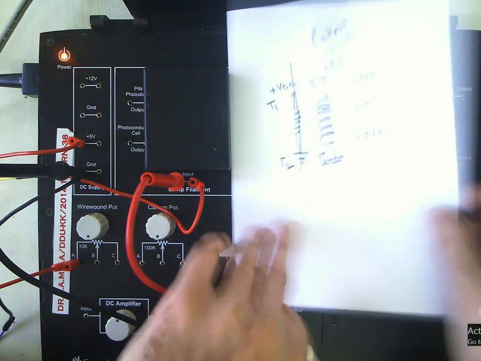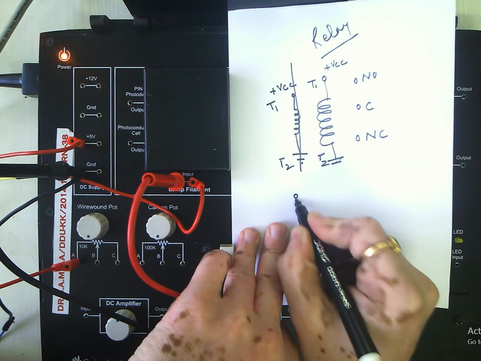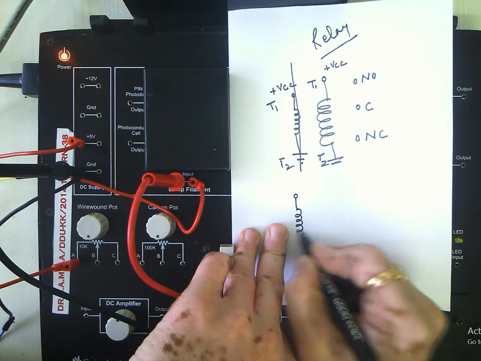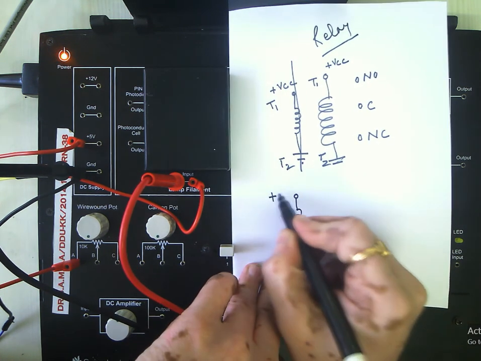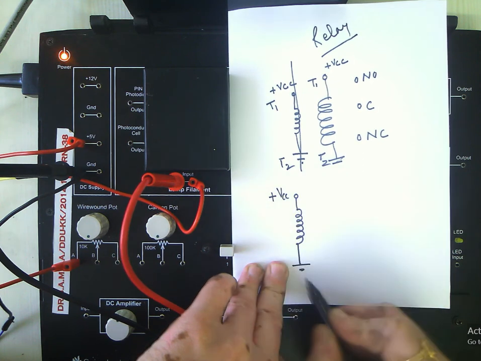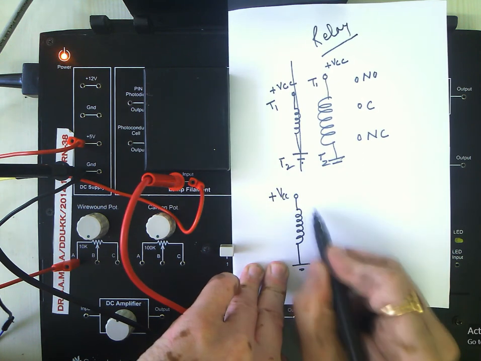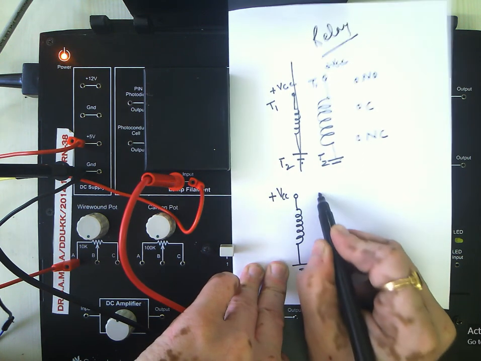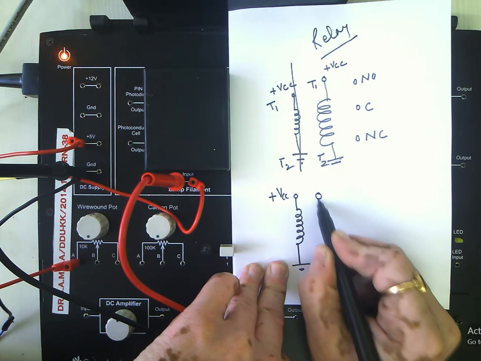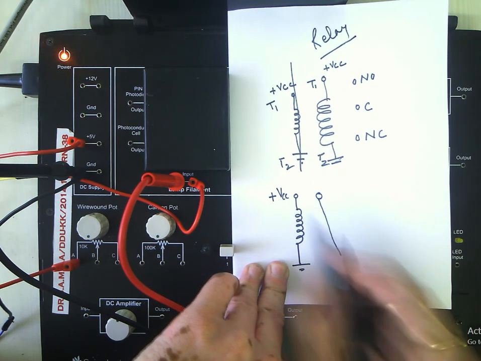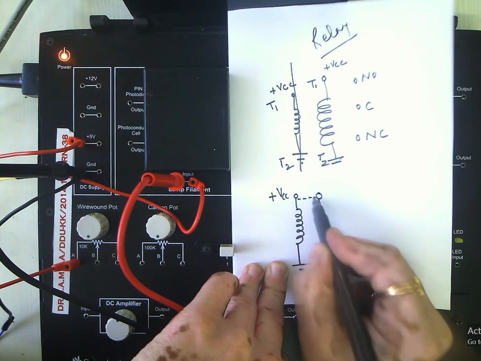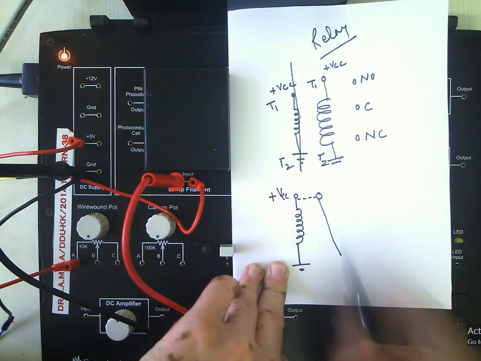Maybe if I make the drawing like this, it will be easier for you to understand. This is the coil. Here you have to apply the signal, and here you can think something like this. There is no electrical connection in between this.